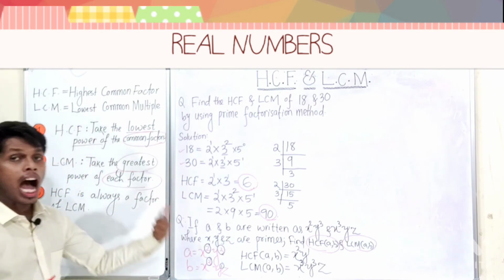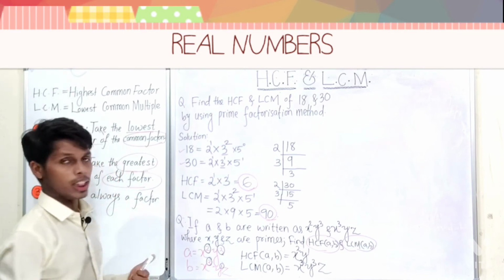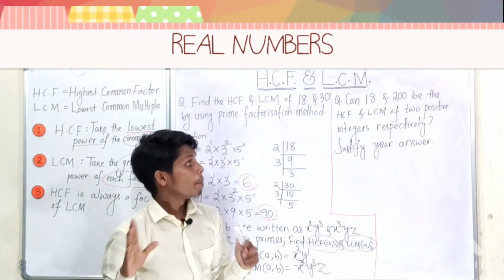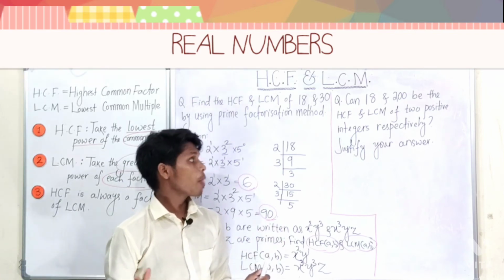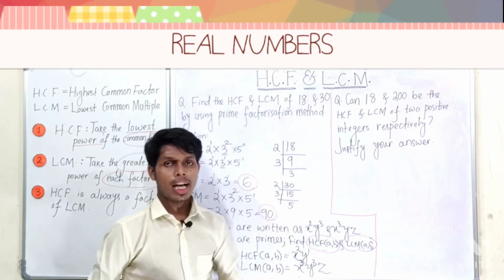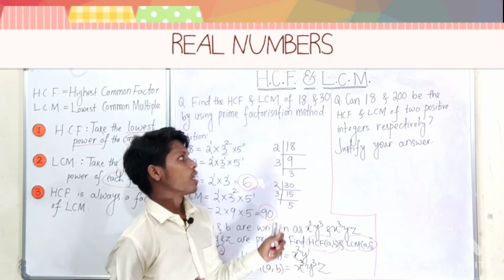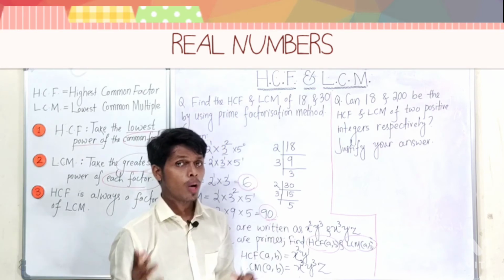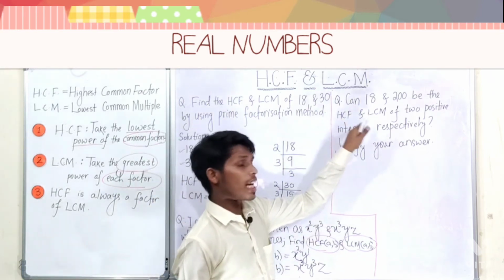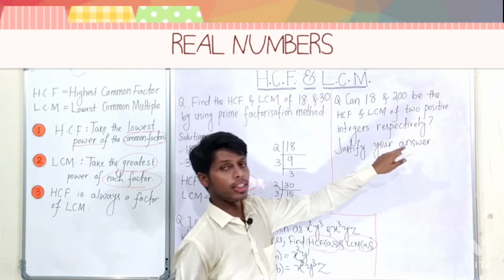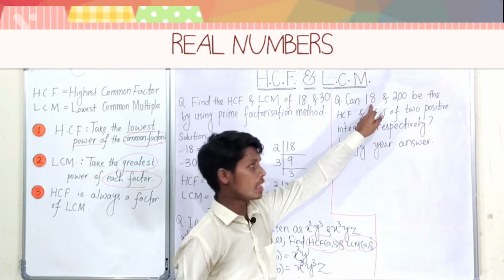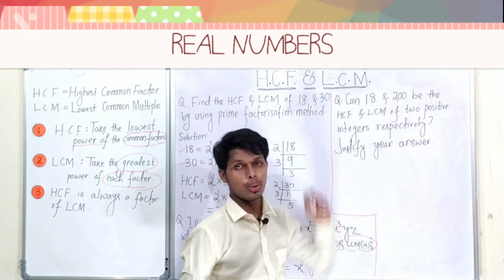Now let's see how questions will come from this concept. So the question is, can 18 and 200 be the HCF and LCM of two positive integers respectively? Justify your answer. It is not given what the positive integers are, but you have to say only whether there are any possible numbers which have HCF as 18 and LCM as 200.